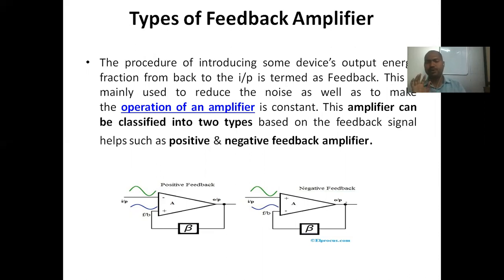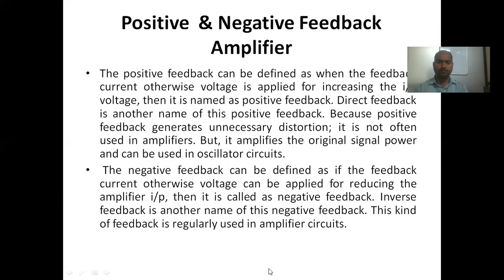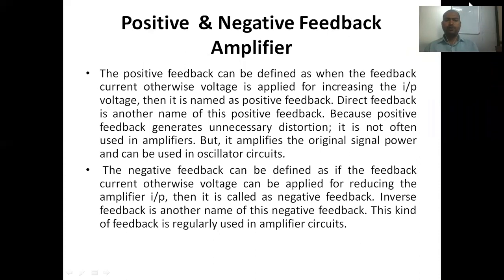We know that the example of positive feedback is usually the oscillator, and negative feedback is usually in your amplifier. This is more description related to positive and negative feedback. The positive feedback can be defined by how it is differentiated from the negative feedback.